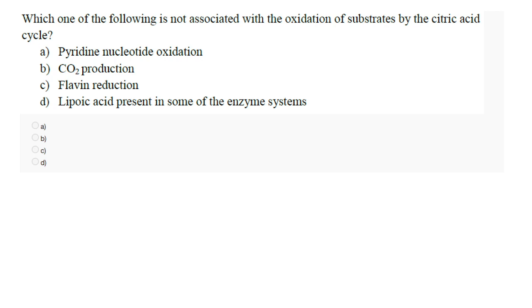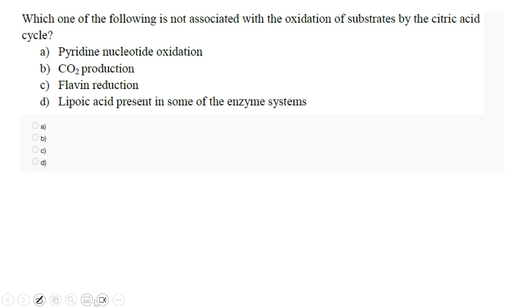Which of the following is not associated with the oxidation of substrate by the citric acid cycle? Pyridine-nucleotide oxidation, CO2 production, flavin reduction, lipoic acid present in some of the enzyme systems. Option C, sir.